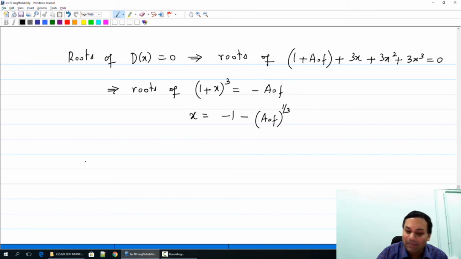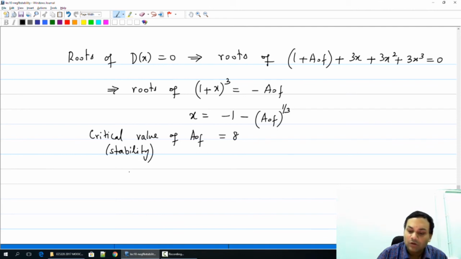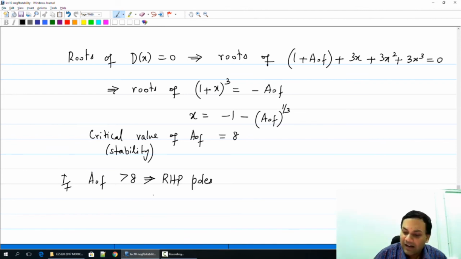So it turns out that happens at a critical value of A naught f, which is 8 for stability. So what I mean is, if A naught f is greater than 8, you have right half plane poles with complex conjugate roots.